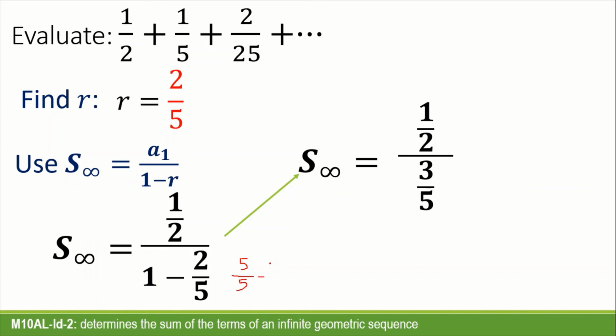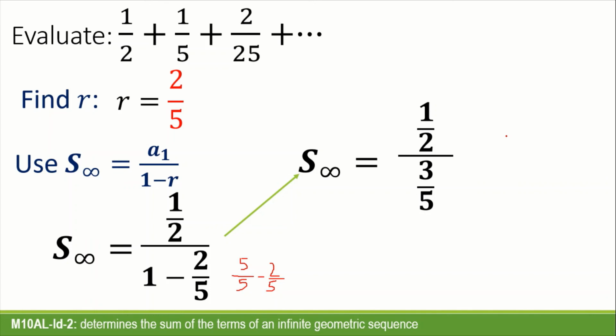That is why we have 3/5 in the next part of our solution, because 5 minus 2 is 3, then copy the denominator 5. So, we have 3/5 here. Then, our numerator as is is 1/2. So, we have 1/2 divided by 3/5.